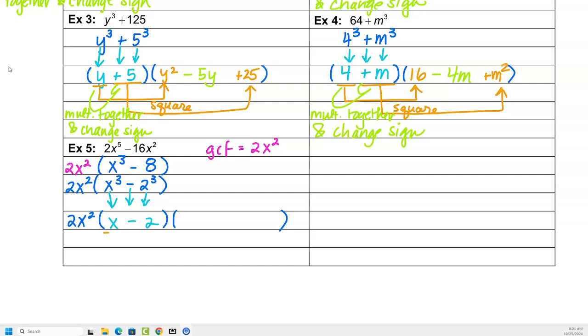And then notice, right, I'm going to square the first term. Square the last term. That'll give me plus 4. Okay, and I'm going to multiply these together and change the sign.